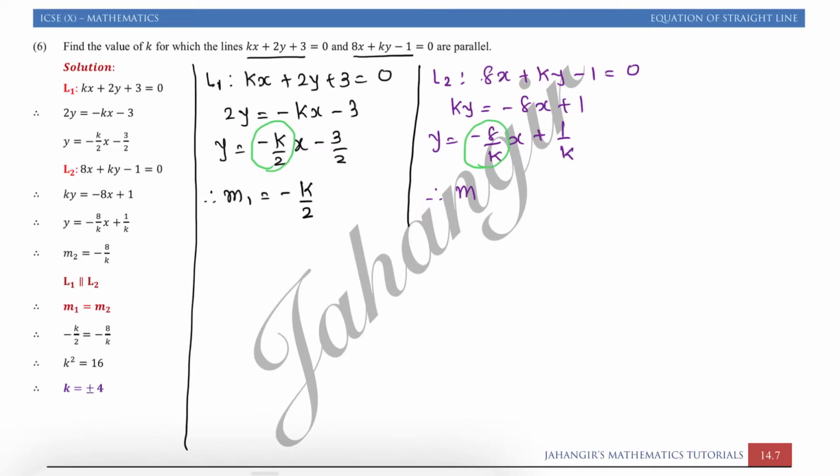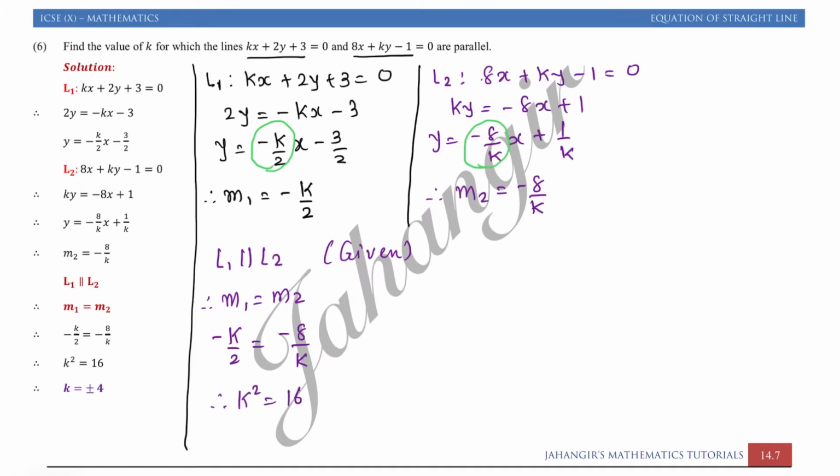So I can write m2 is equal to -8 upon k. Now L1 is parallel to L2, it is given. So we can say m1 is equal to m2. -k by 2 is equal to -8 by k. So therefore k squared is equal to 16. We can cancel out the minus on both sides. So k is plus or minus 4. So we got the value of k.